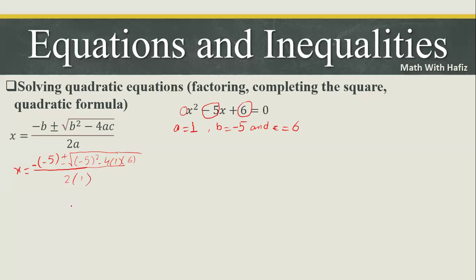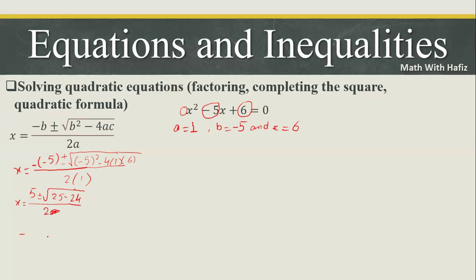So let's see if we are going to get the same answer as we got from the factorization or not. So it will be x is equal to 5 plus minus the square root of 5 squared, which is 25, minus 4 multiplied by 6, which is 24, over 2a. Sorry, it will be just 2 because 2 multiplied by 1 is 2.